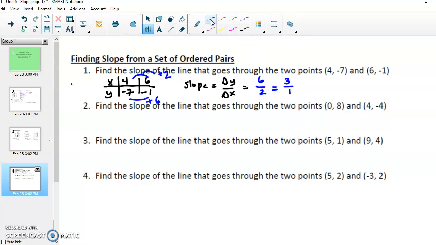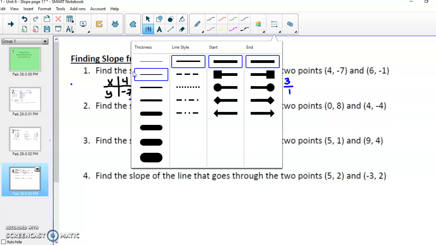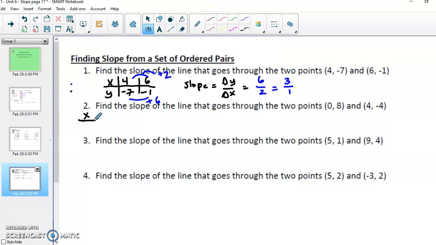Let's do the same thing for number 2. Okay, again, I'm going to make a little table here because I think it's a little easier to see. So (0, 8), (4, -4). Slope, change in y over change in x. All right, let's think.